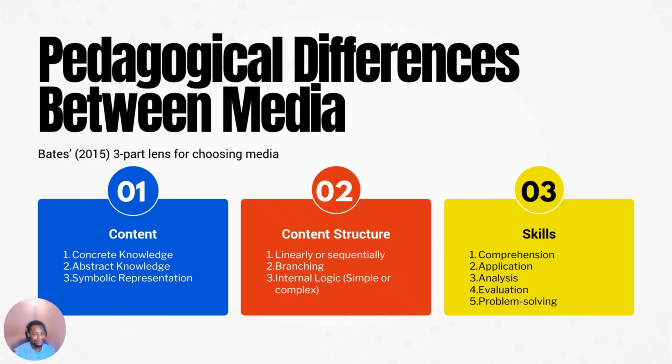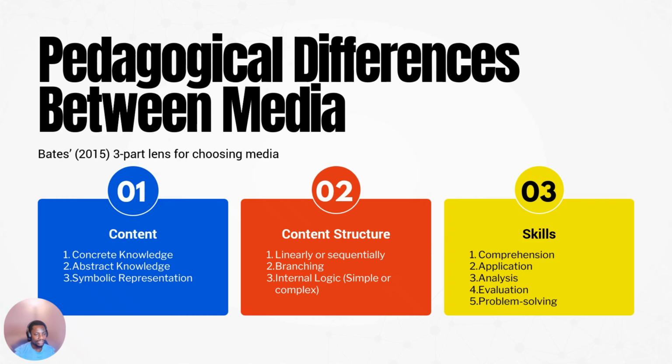So as you can see, different symbols happen to teach differently or encode different understanding based on how they are represented. So content here can be concrete knowledge, abstract knowledge, or symbolic representation.